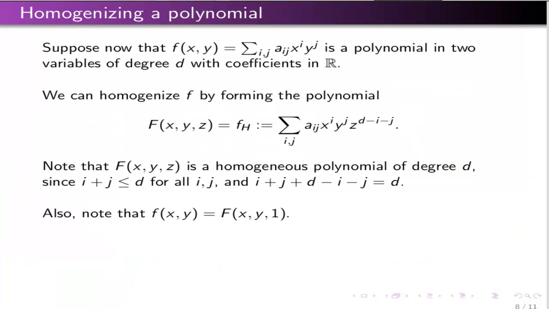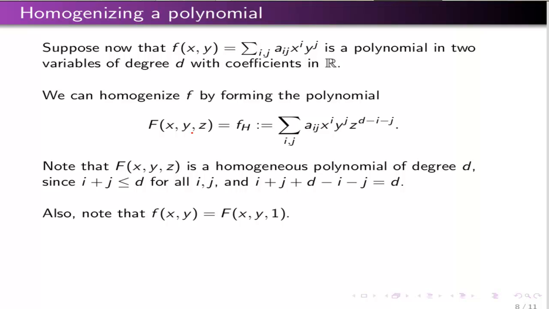Now, I want to talk about homogenizing a polynomial. So we start with just any polynomial in 2 variables of degree d. And to homogenize it, I throw in a third variable z that will make every term of the same degree. So you throw in whatever power of z you need so that the given term has the degree of the original polynomial.